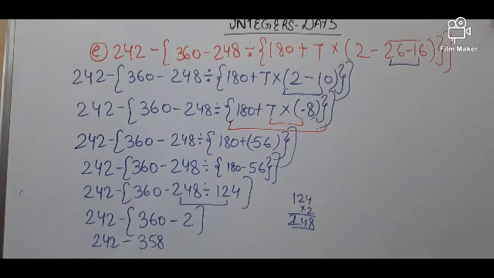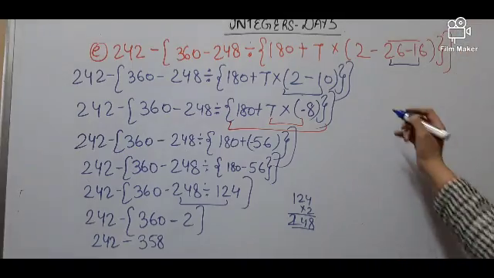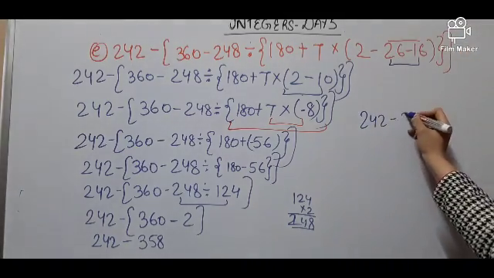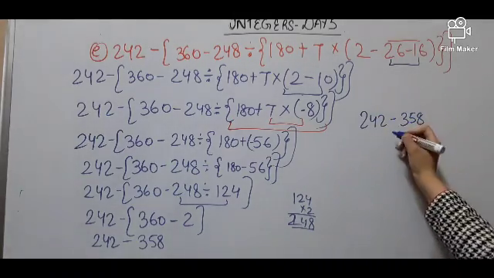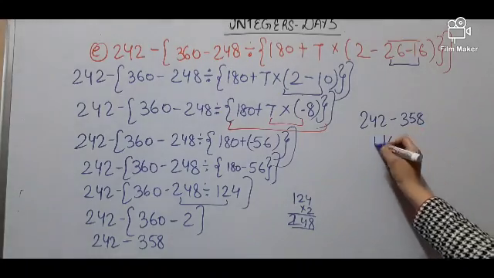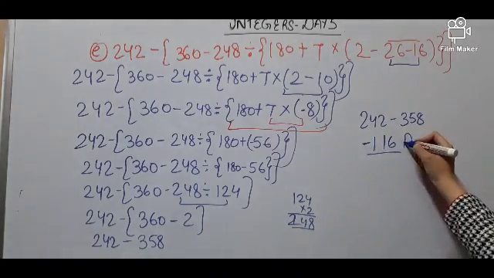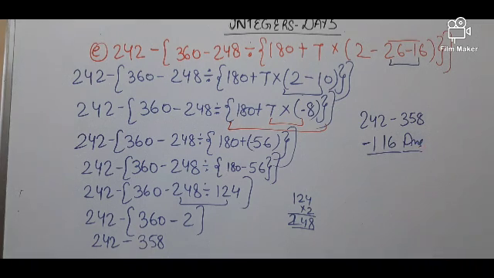So 242 minus 358. Plus minus is minus, so we'll subtract: 116. That means negative 116 will be the answer. Hope the question is clear to you.